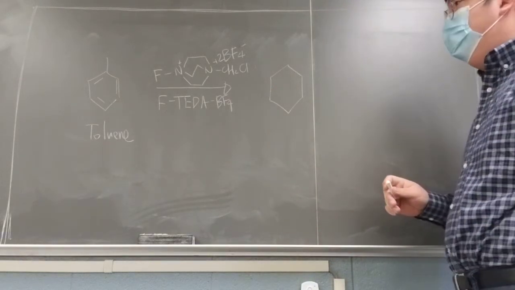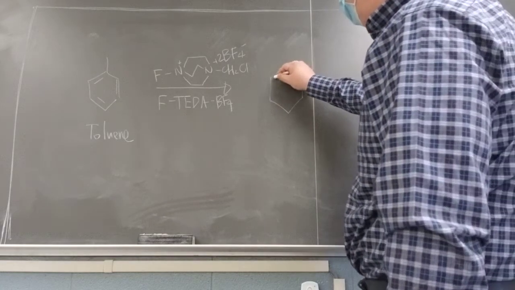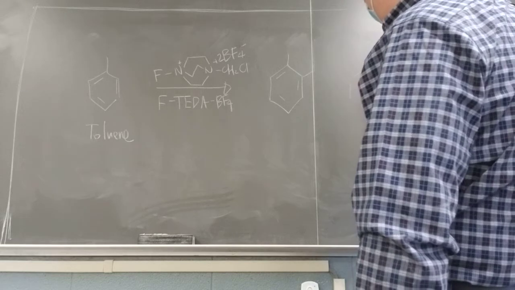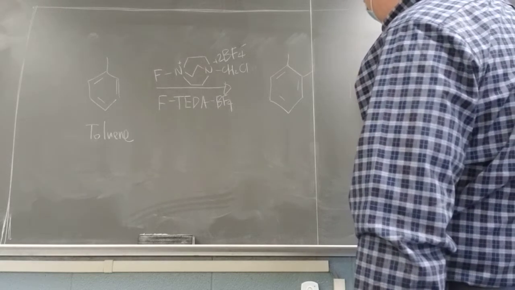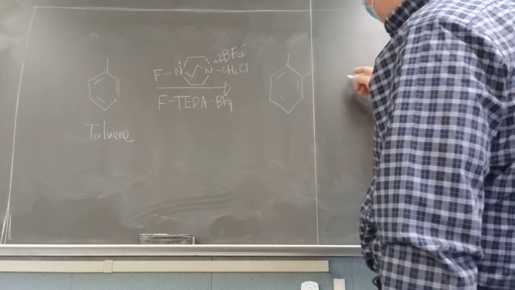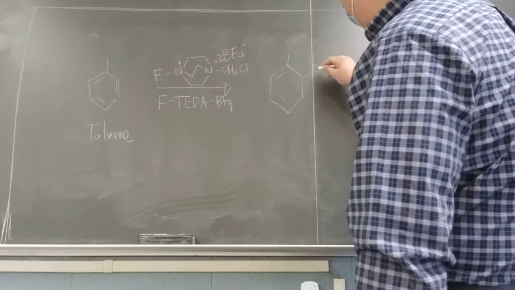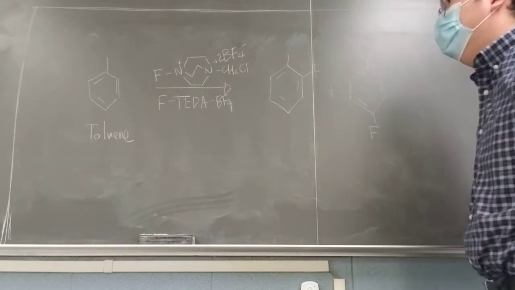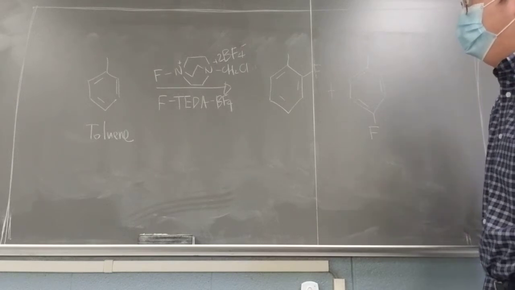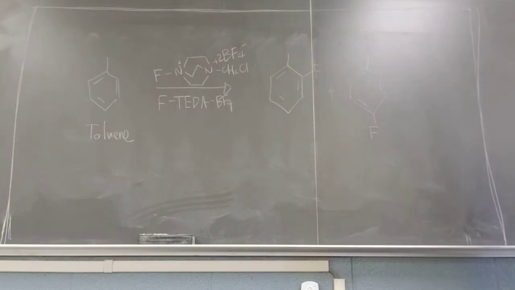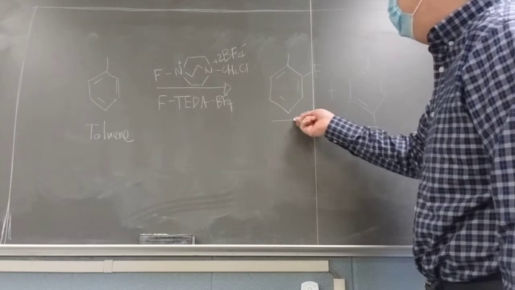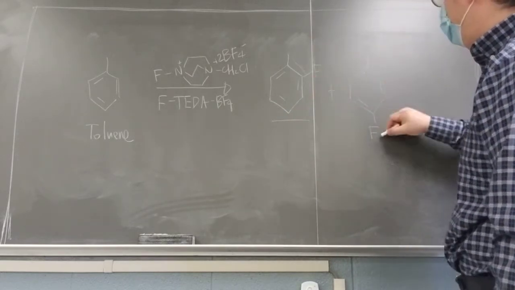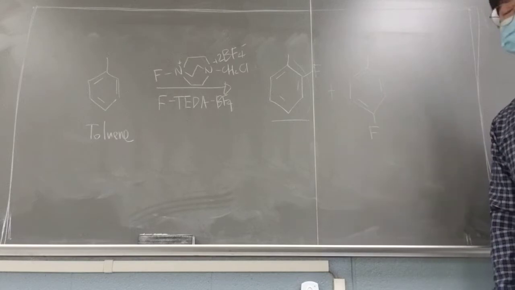So you're actually going to have ortho and then para substitution of the hydrogen position here. So these will be two possible scenarios. As you remember from the nomenclature we did before, this is ortho-fluorotoluene, and then para-fluorotoluene too.